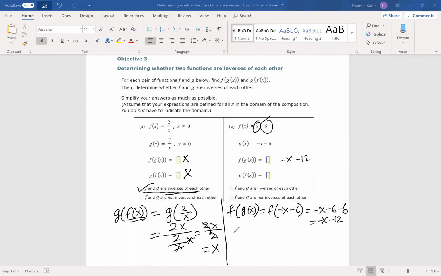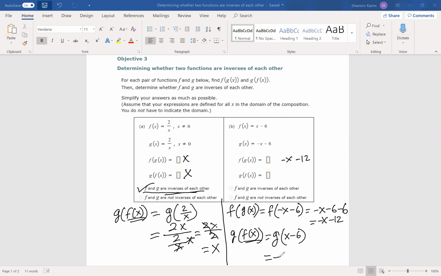Now let's do g of f of x. So f of x we will substitute for x minus 6. Let's erase this so you can see the function. So g of f of x is x minus 6. Now we will have to substitute x for g of x.